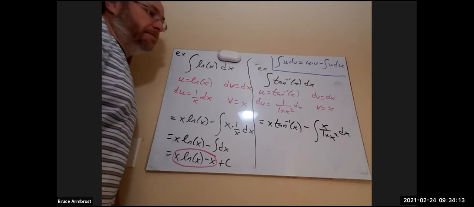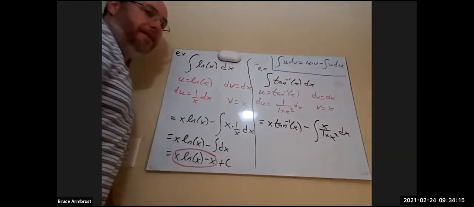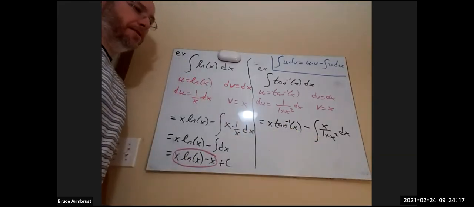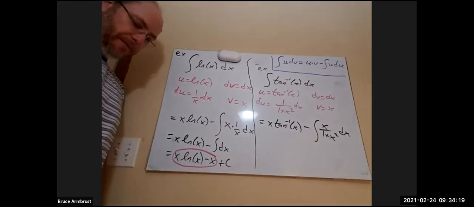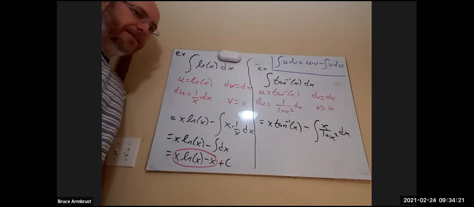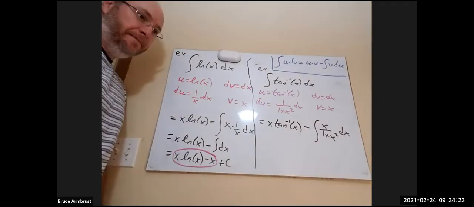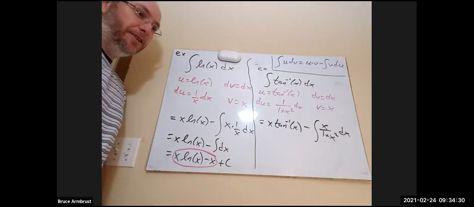All right, so we now have to integrate x over 1 plus x squared. Can you do it? Actually, the question really should be, do you see how to do it? Because I know you can do it. We have a technique for this one.